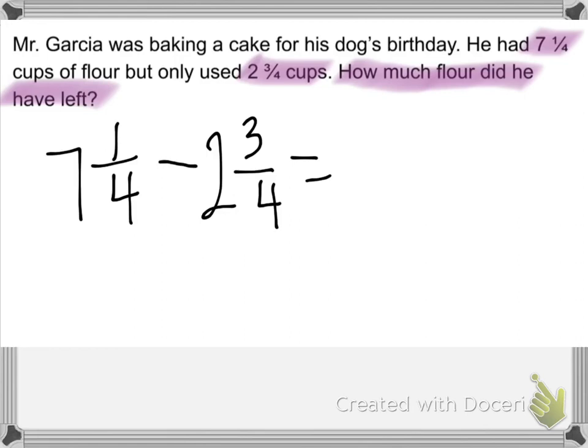Okay, so again, same common denominators. Second thing I'm going to look at is the fractions, the 1/4 and the 3/4. Since I can't subtract 1/4 minus 3/4 because my 1/4 is smaller, I have to turn these into improper fractions. So times plus.